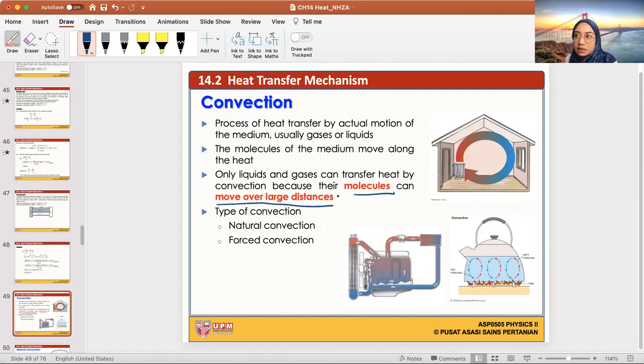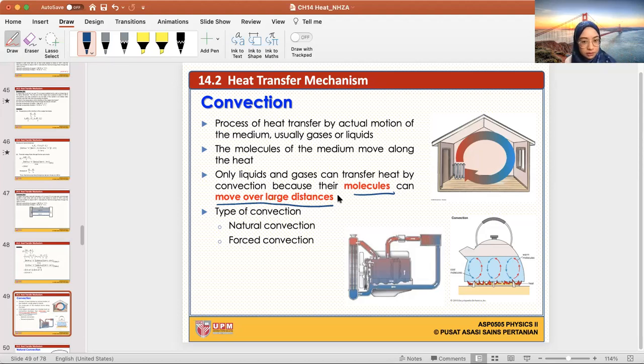Now, imagine if you have a solid, like your phone. Oh my God, what am I doing? Okay, I'm talking about a solid. Imagine if solids could transfer heat by convection, and convection requires motion. What happens to your phone?